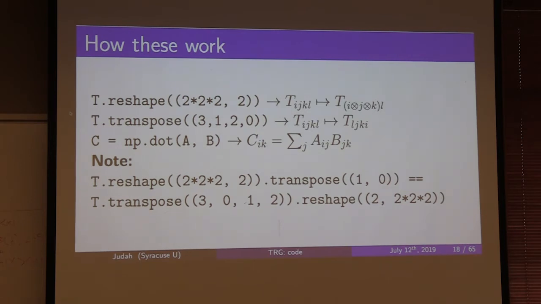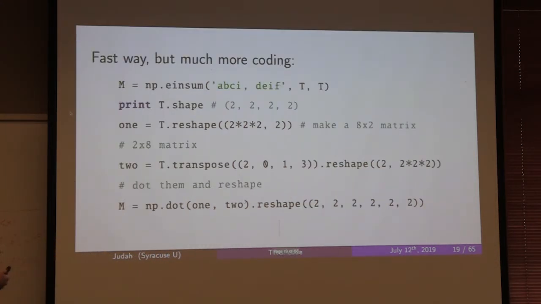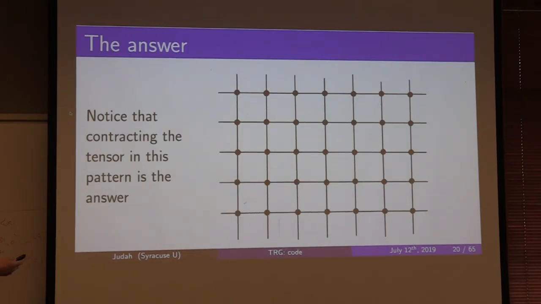So the next 40 slides are going to be this happening over and over and over again. We're going to see a lot of examples of transposing and reshaping and dotting left and right. This is the slide again. This is the goal.